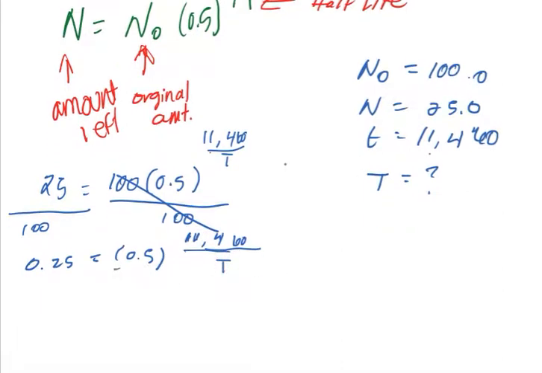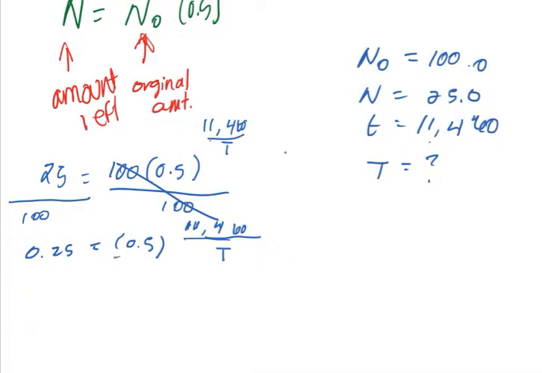Now, I can actually get what's called the logarithm of both sides. The logarithm has a special property that allows me to bring an exponent down. We have to remember this here is an exponent.